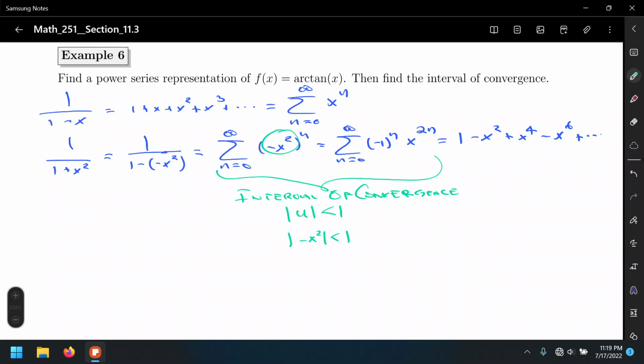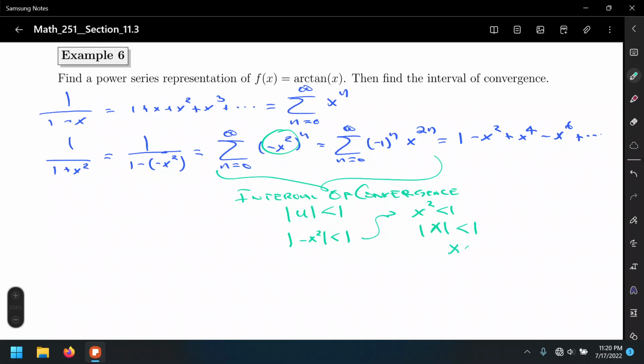So the absolute value of negative x squared less than 1 gives us x squared less than 1, and the absolute value of x, because the square root of x squared for all real numbers is the absolute value of x, less than 1.